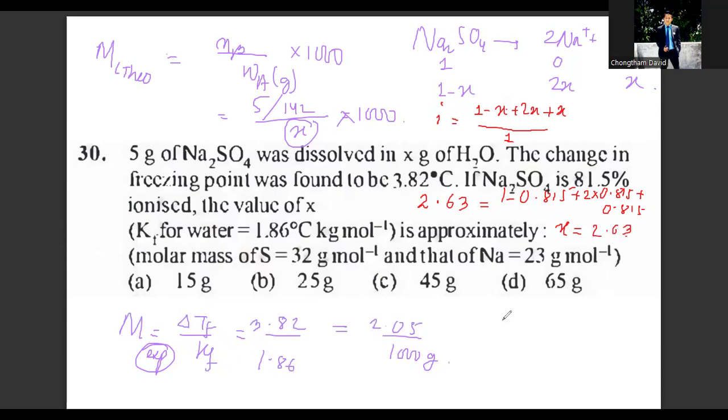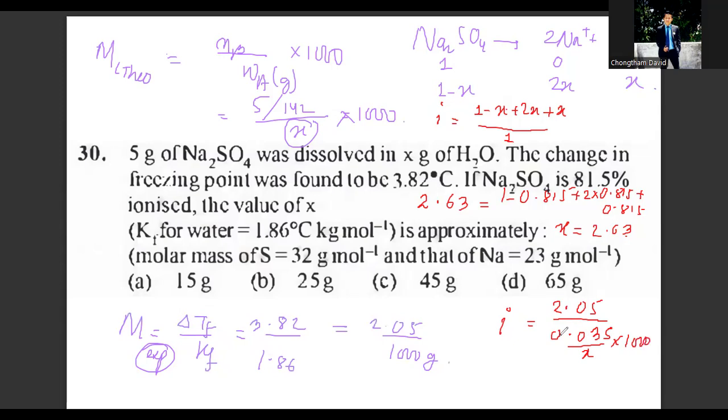After having this value, you can come to the conclusion. This is the observed value 2.05, which we have calculated initially. This is the observed value divided by the calculated value. The calculated value would be 0.0352 divided by X into 1000.